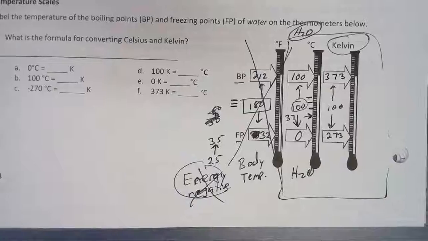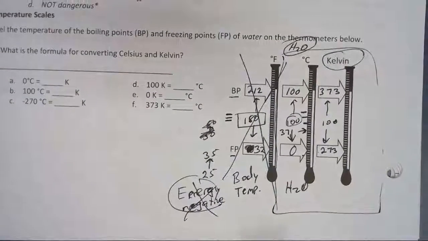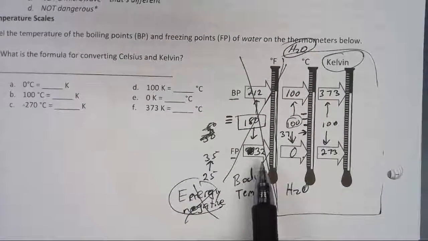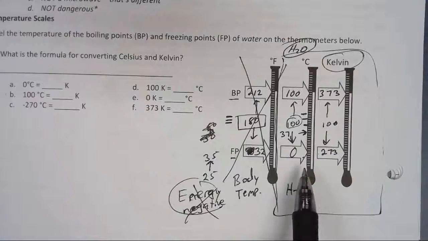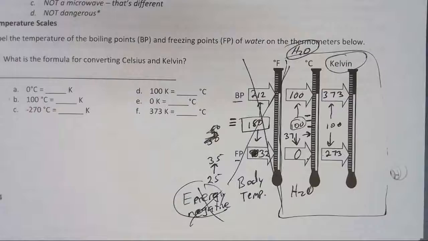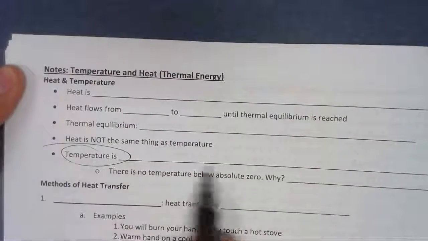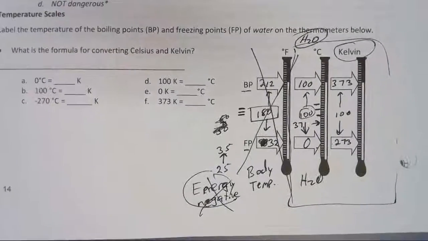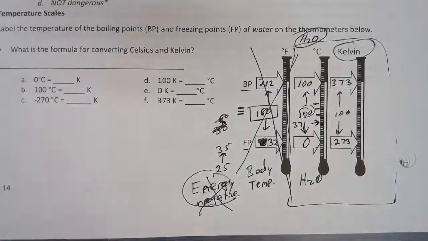Energy cannot be negative. Have you seen negative Fahrenheit temperatures? Yes, you have. Have you seen negative Celsius temperatures? Of course you have. They have negative temperatures. And so if temperature is going to reflect the average kinetic energy of the molecules, actually Fahrenheit and Celsius are the ones that make the least sense, because we can't have negative energy.